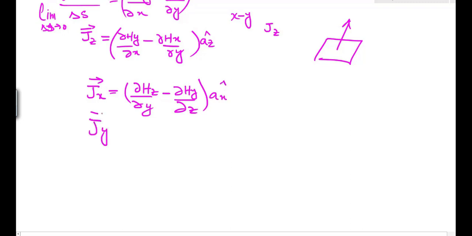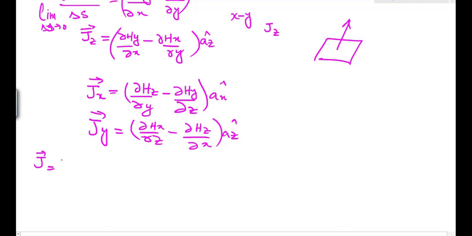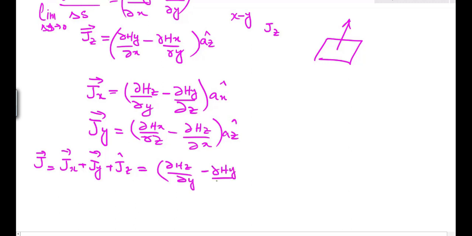Similarly, in the y direction we will have partial Hx over partial z minus partial Hz over partial x. So the total current density we can write as J equals the component along the x direction, plus the component along the y direction, plus the component along the z direction. The x component is partial Hz over partial y minus partial Hy over partial z.